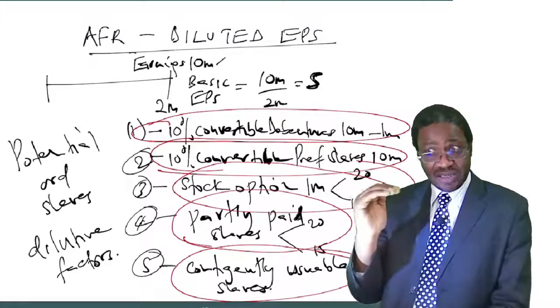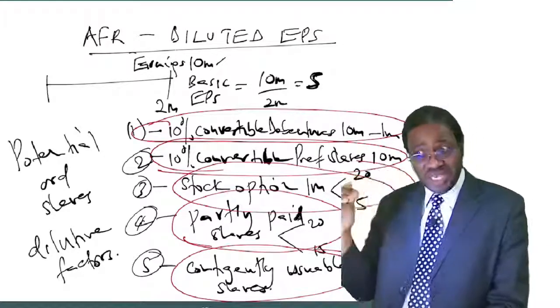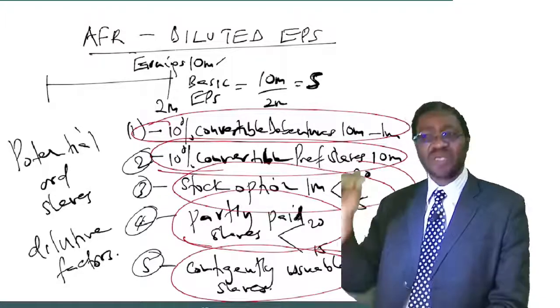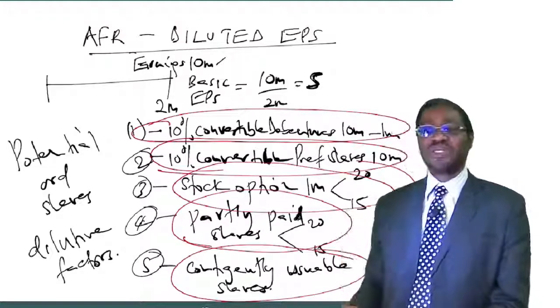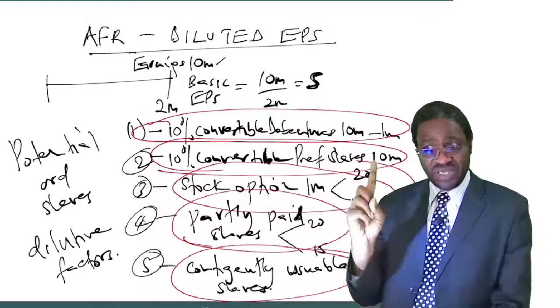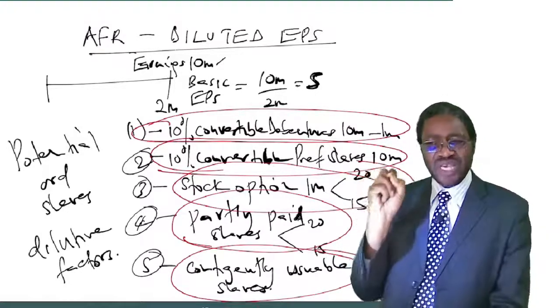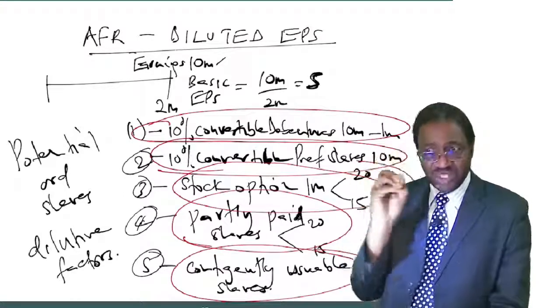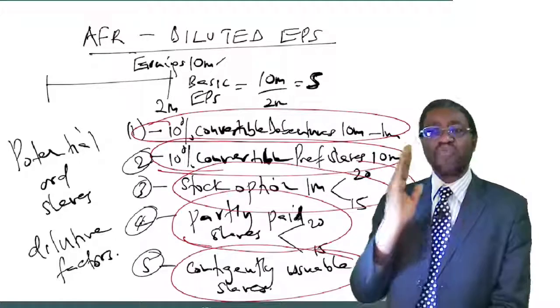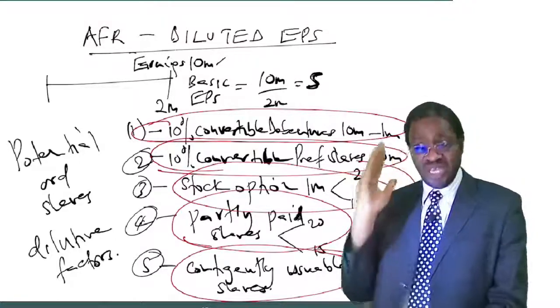Then I said, to the number of shares used for basic EPS, add the number of shares to be issued. Still on the same, if the debentures were issued in between the year, then the conversion is assumed to be with effect from the date of the issue.